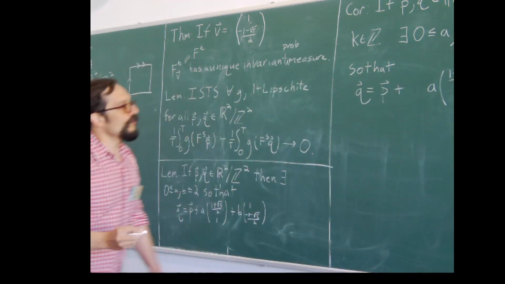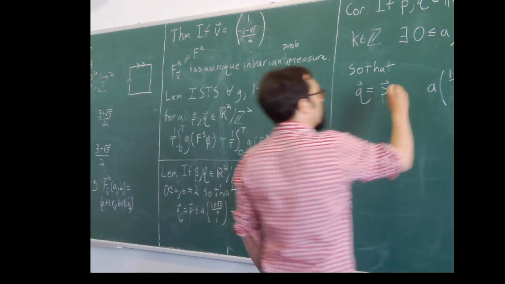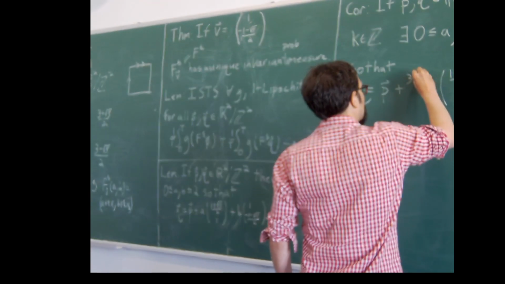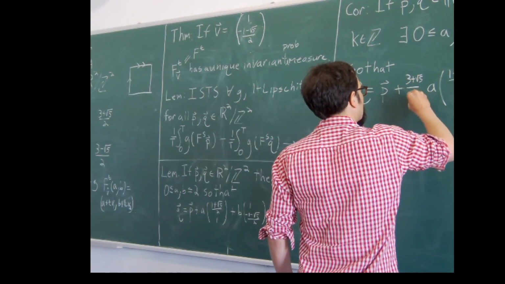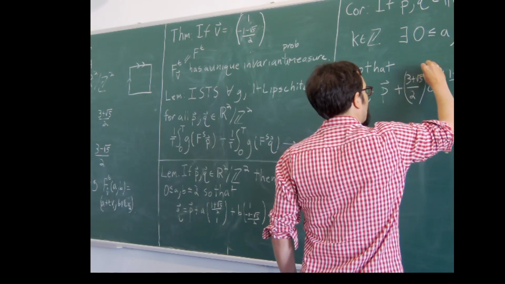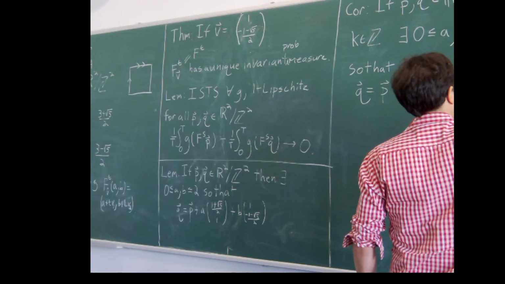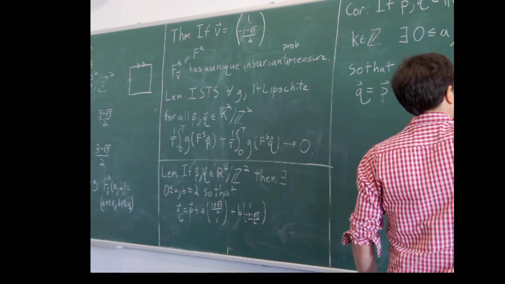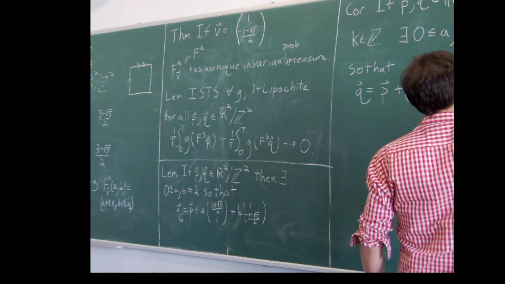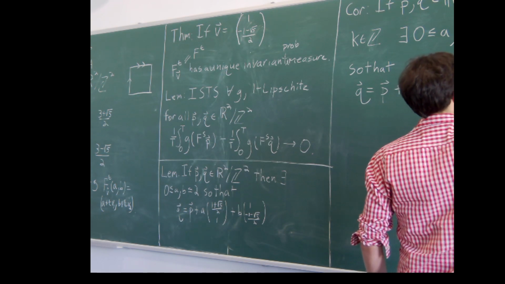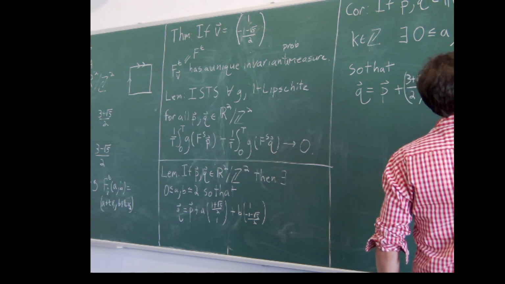Okay, and what's going to fill in the blank? Here I'm going to have ((3 plus the square root of 5)/2) to the minus k. And here I'm going to have ((3 minus the square root of 5)/2) to the minus k.